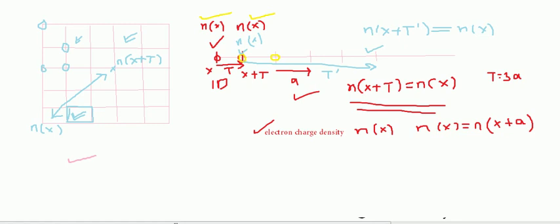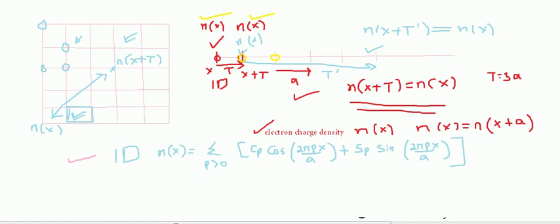So let me write the Fourier series expansion of the electron density n of x. This is the electron density. So this was in 1D.